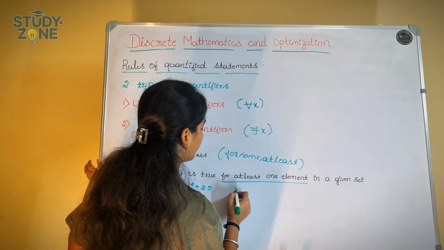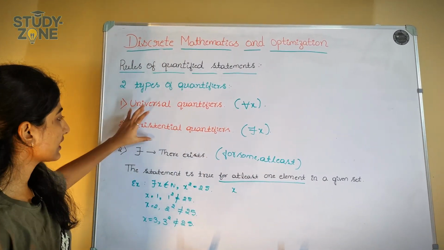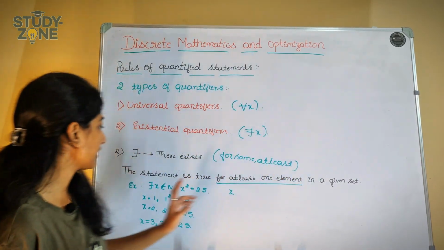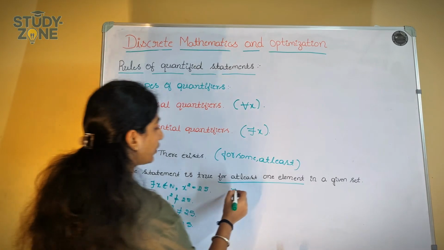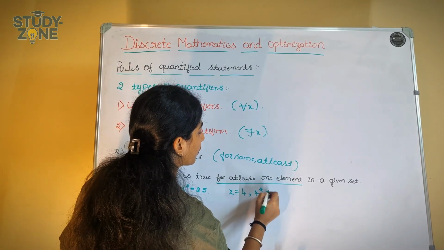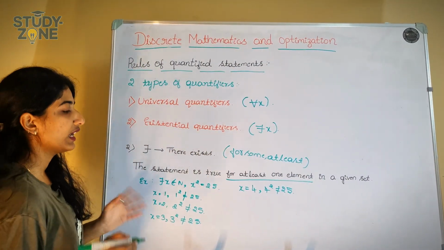Okay, because for each and every element we have to find out, because this existential quantifier holds good if at least one element in a given set is true. Okay, so let us take x equals 4, where 4 square is not equal to 25. Then is there any element which equals 25? Yes.